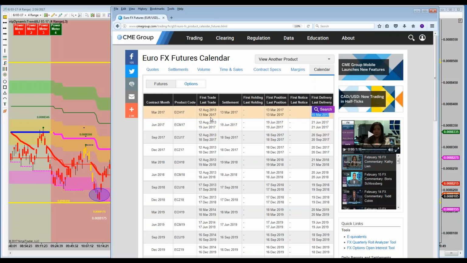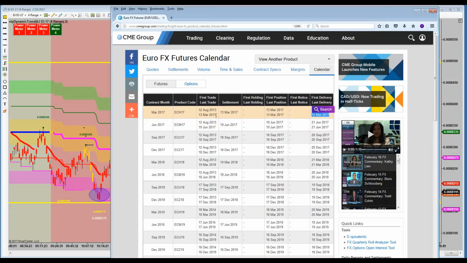Should you be trading this contract after March 13th, whichever is the earlier of these two dates? Should you be trading March contract on 6E after March 13th? You think that'd be a good idea? No. You're going to get a pretty big slap on the wrist from your broker pals. They're going to be getting a hold of you. And it probably would reject your trade. You don't want to do that.